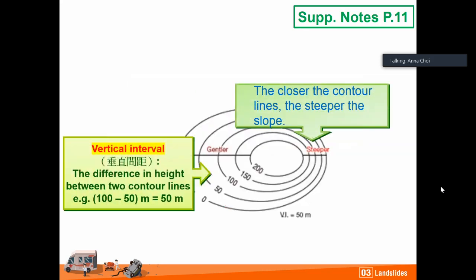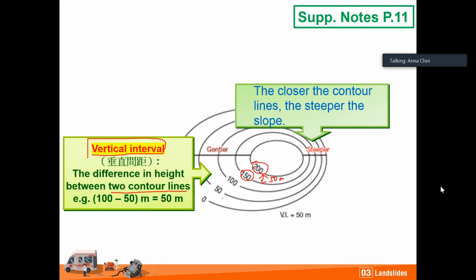The next concept I would like you to know is related to the term vertical interval. The meaning of vertical interval is the height difference between two contour lines. Here you can see, I just randomly choose two contour lines, and the height difference between them is 15 meter.